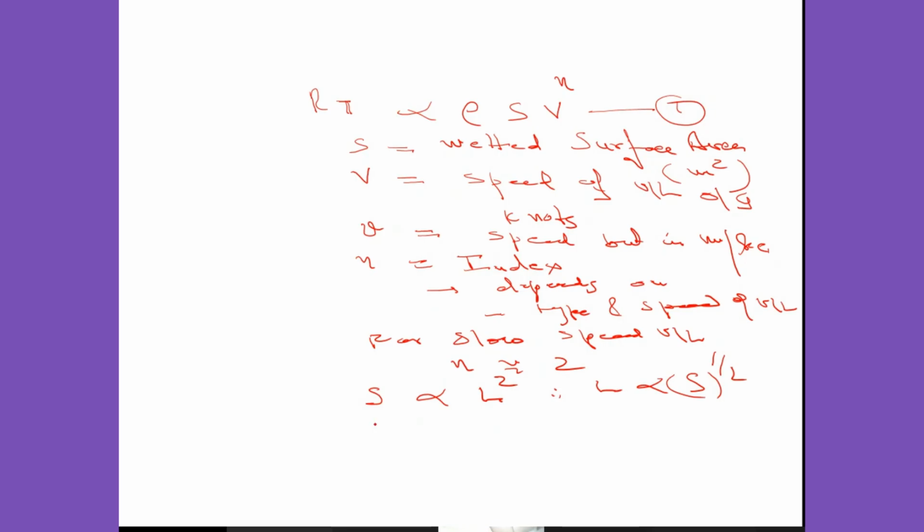Now we also know displacement can be written as proportional to L cube, and therefore I can say L is proportional to displacement raised to power 1 by 3. This is all based on linear dimensional analysis.